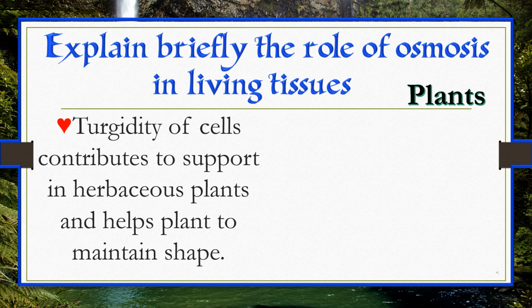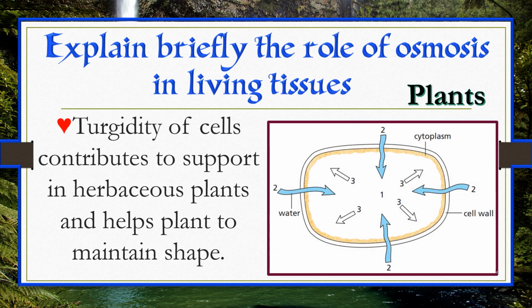Still in plants, osmosis leads to the turgidity of the cells, which contributes to the support in herbaceous plants, and it also helps the plant to maintain its shape. If you look at our diagram, the cell takes in water by osmosis, that is number 2, and the vacuole will increase in size.